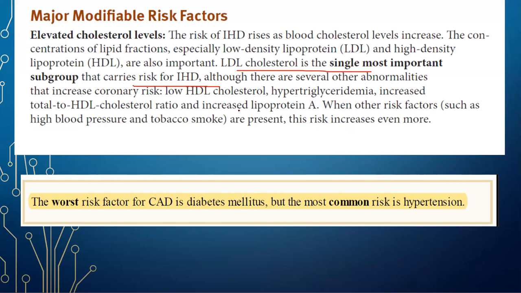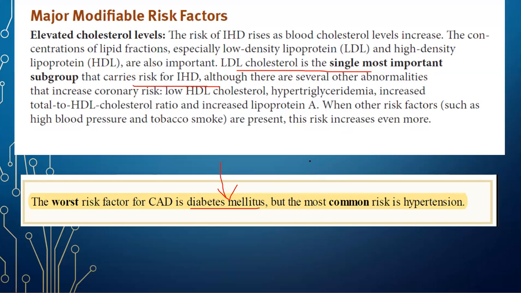And the worst risk factor which causes complicated MI is diabetes mellitus. The question will ask you, what is the single most important cause of MI? Single most important cause of MI is elevated cholesterol, hypercholesterolemia, or dyslipidemia. Same thing. What is the worst risk factor? Diabetes mellitus.